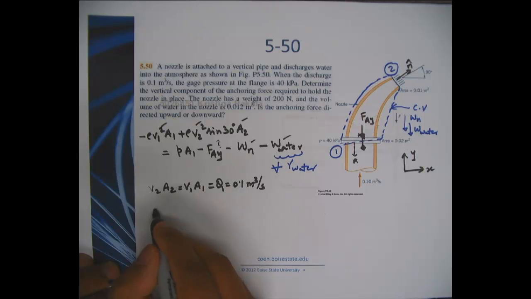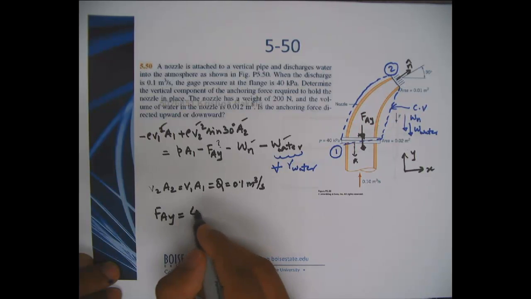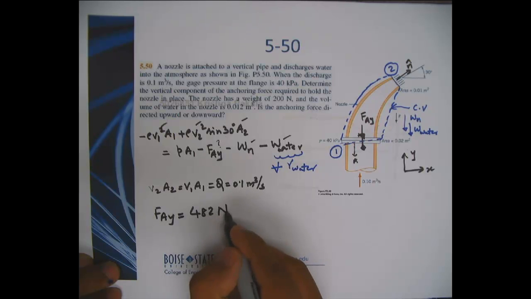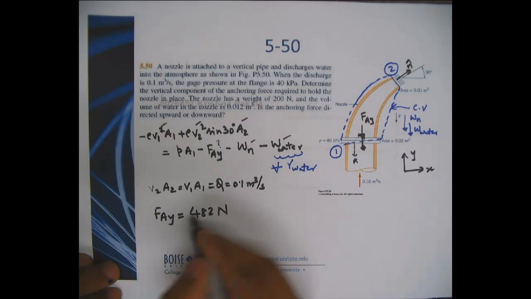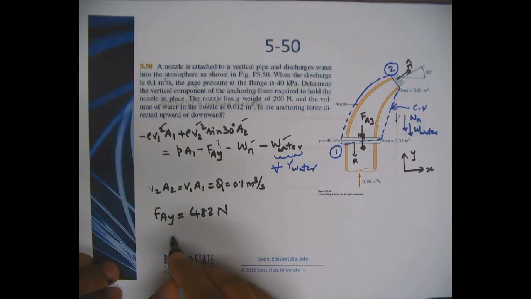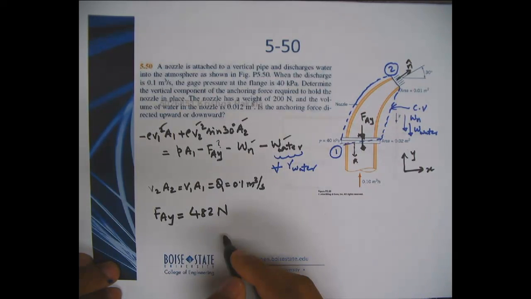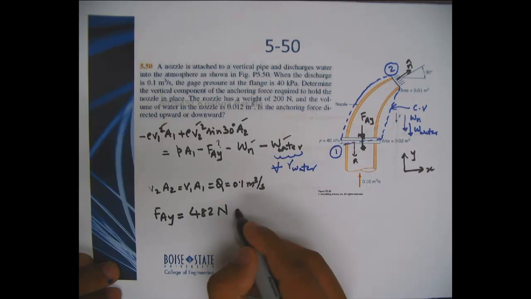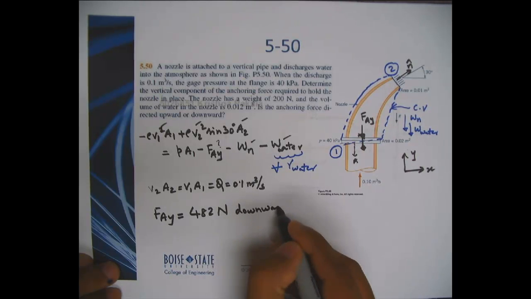Okay, so you'll determine that easily by putting in the numbers. So you would determine FAY to be 482 newtons. Okay, and since we ended up with a positive quantity, the original direction is right, so it is acting downward.